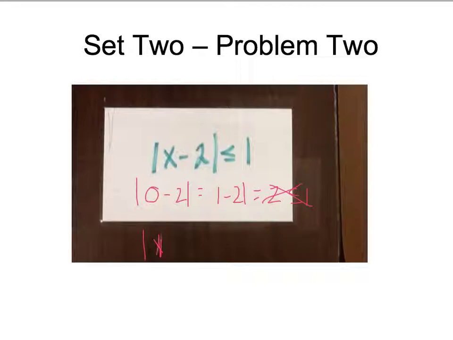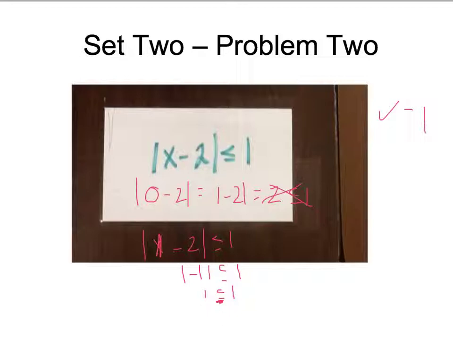Let's try 1 for x. 1 minus 2 is negative 1. The absolute value of negative 1 is positive 1, which is equal to 1, which I can have since I've got that little less than or equal to sign. So 1 is part of my solution.